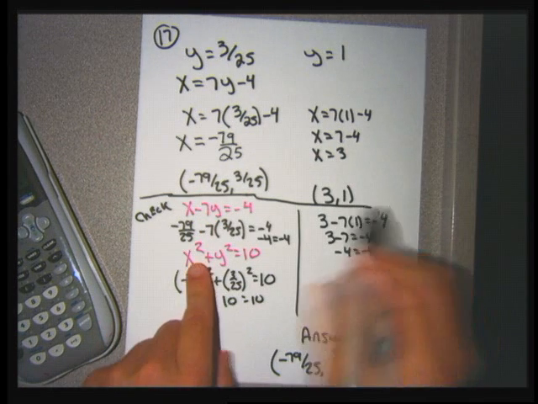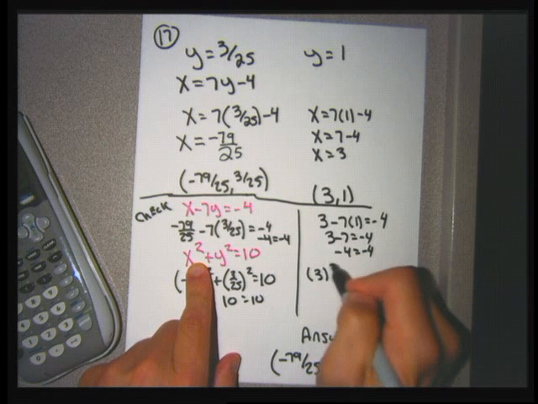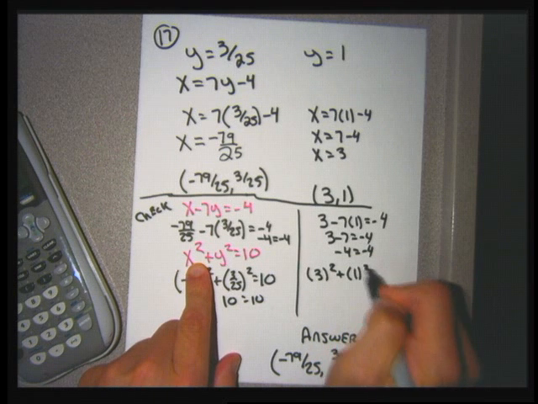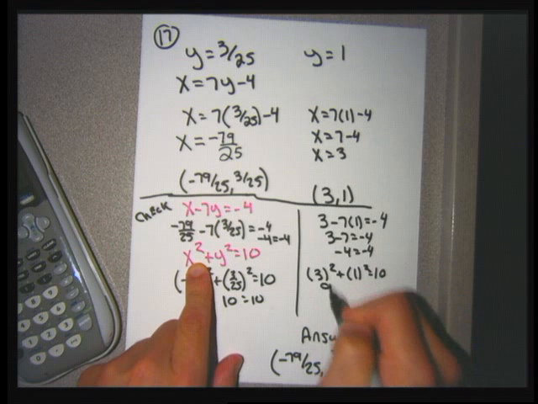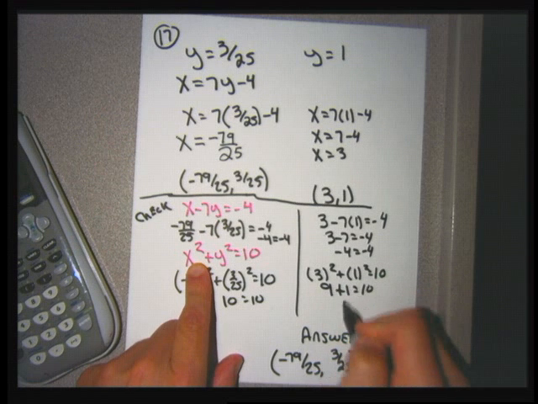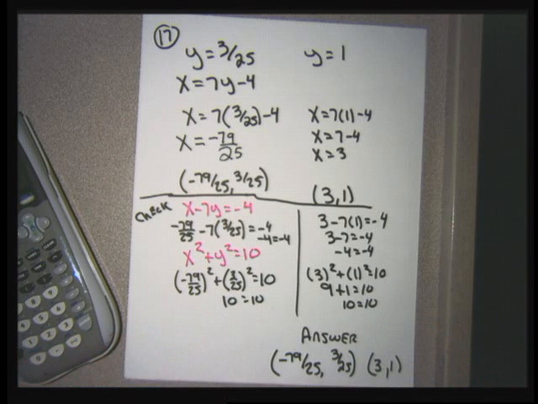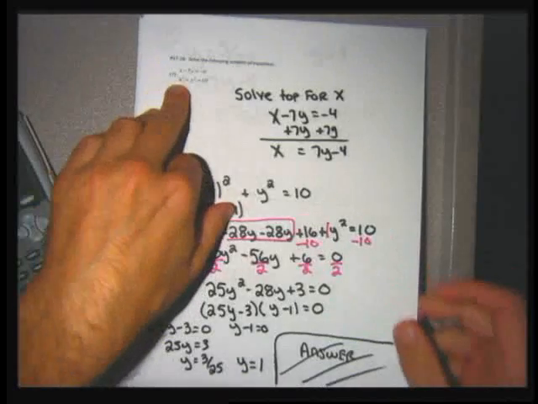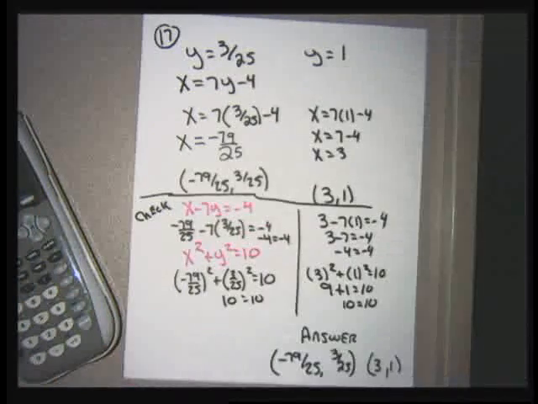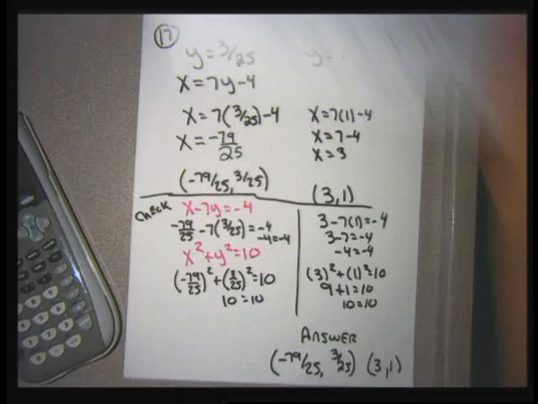And in the bottom one here, I'd go 3 squared plus 1 squared equals 10. That would be 9 plus 1 equal to 10, which is 10 equal to 10. So both of my solutions that I came up with are correct. Because the equation started off with a square, I expected to get no more than 2 solutions, and that's what I wound up getting, so I feel good about that. And my answer's checked.